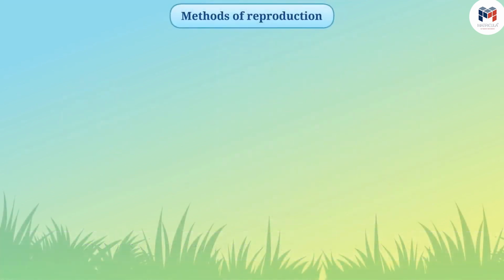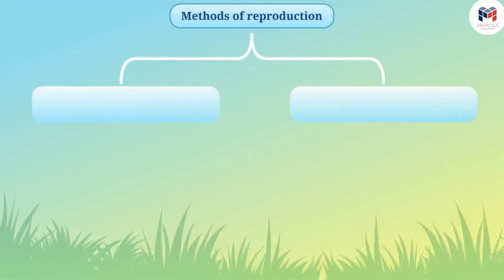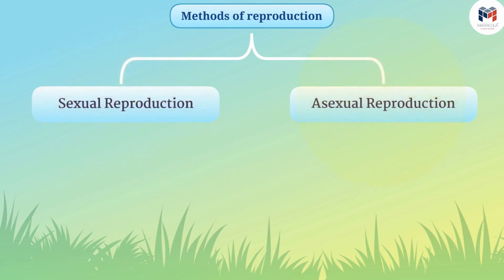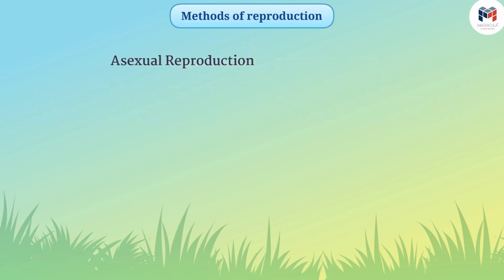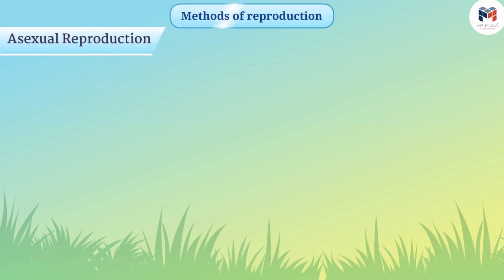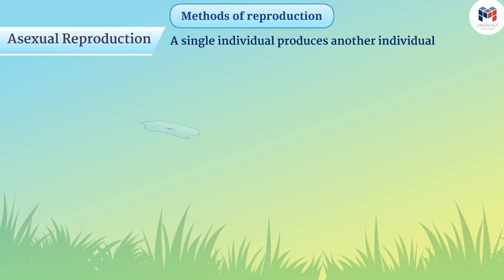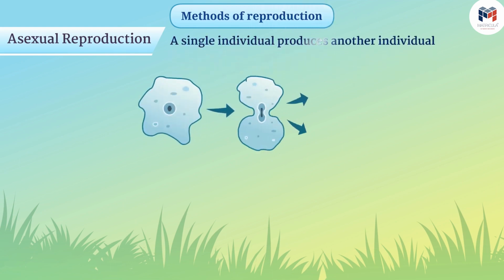We know there are two methods of reproduction: sexual reproduction and asexual reproduction. Let's understand them through comparison. The method of reproduction in which a single individual produces another individual is called asexual reproduction.